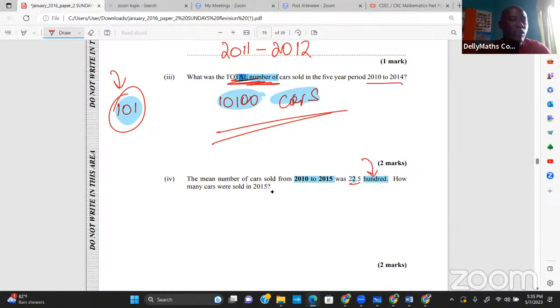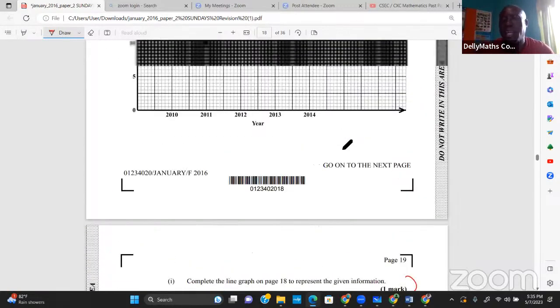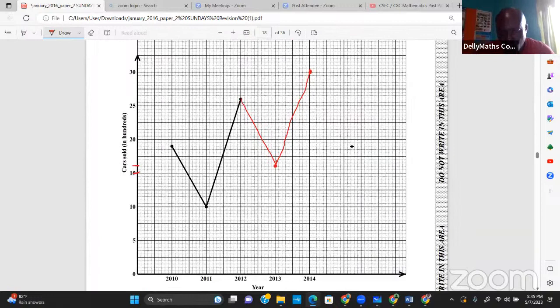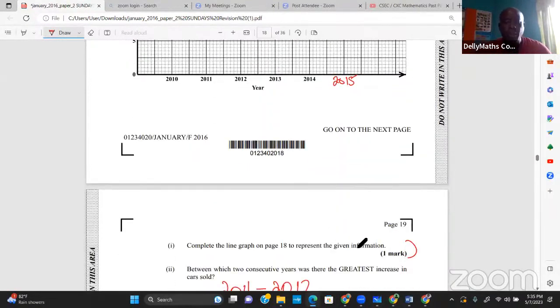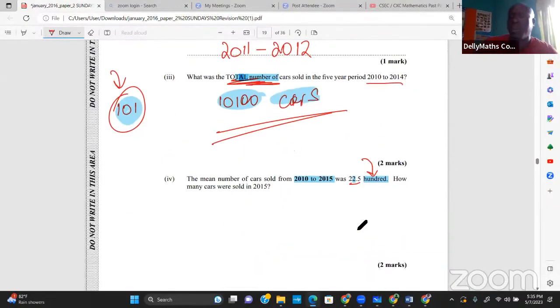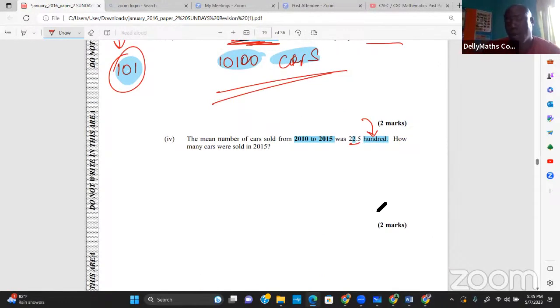How many cars were sold in 2015? 2015 is a year that did not come yet, right? So 2015 would have come here. We don't have any stats for it. But what they did here was manipulate the idea and give you the mean. Now, the mean from when?